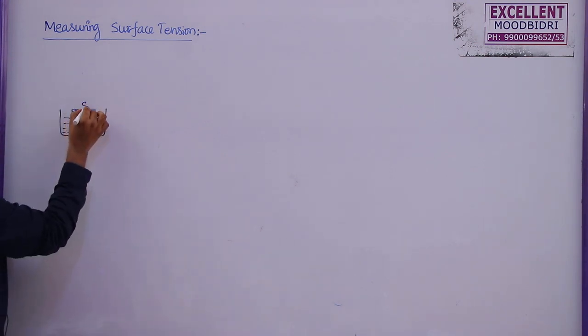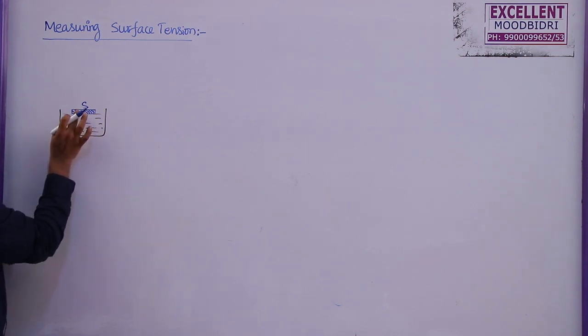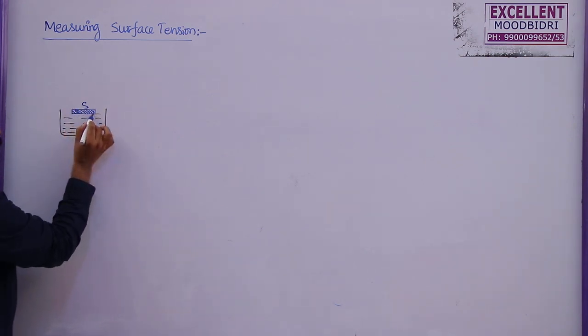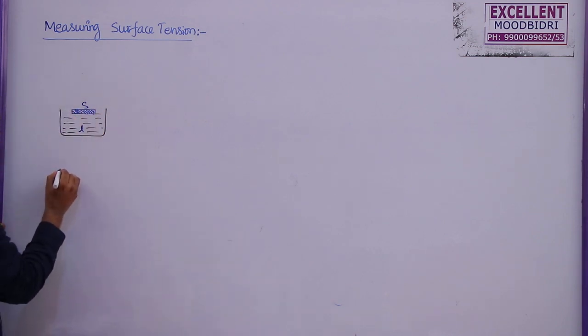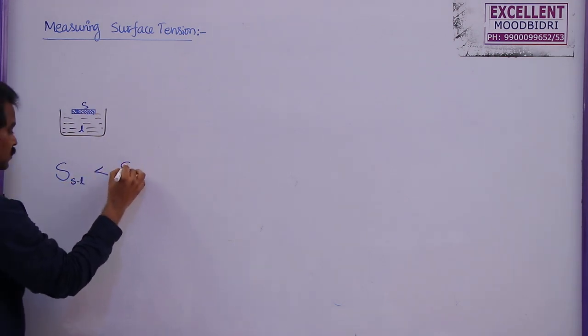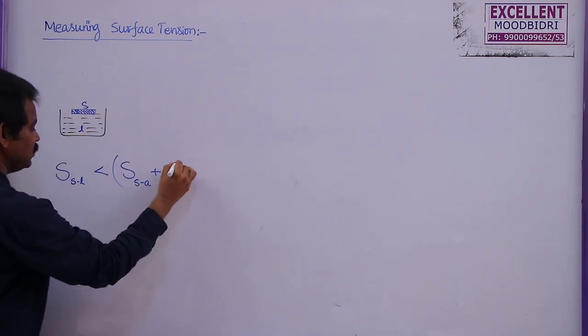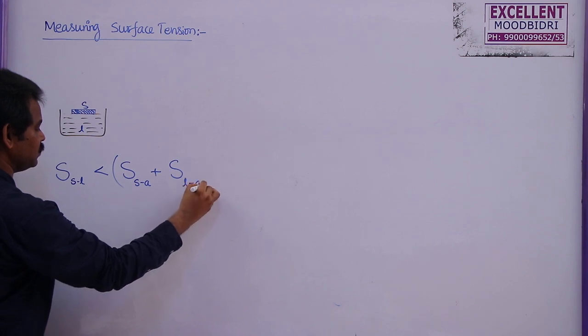The solid will stick to the liquid, or the liquid will stick to the solid, only if the surface tension between this solid and liquid is less than the surface tension between solid and air plus the surface tension between liquid and air.